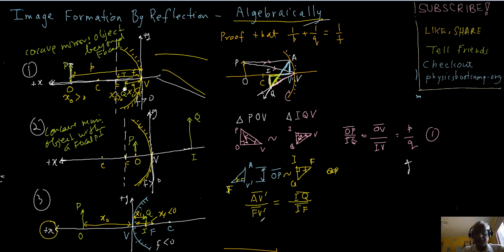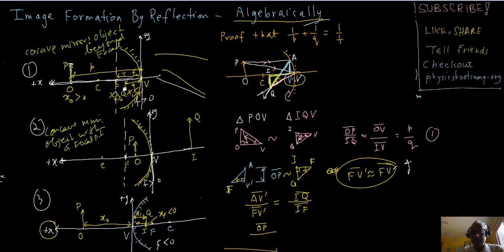So this one AV prime is the same as OP, and FV prime is the same as... So now we have to make a distinction. FV prime is almost identical to FV.